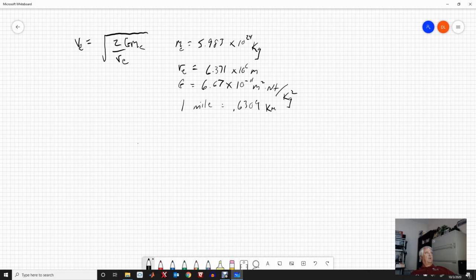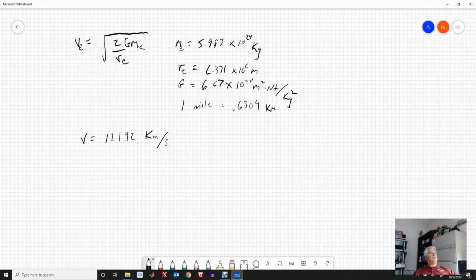So, if we plug these numbers into this equation, we get that the velocity is equal to 11.192 kilometers per second.